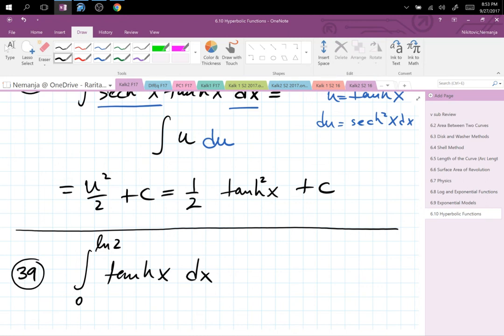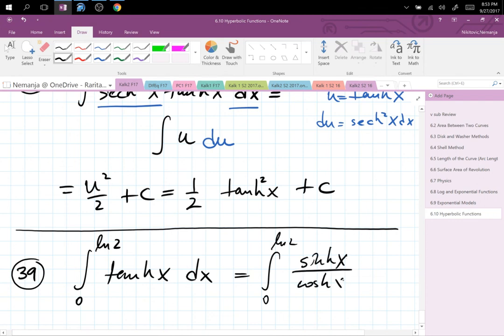How are we going to integrate tangent hyperbolic? Is it on the list of basic integrals? No. So you have to rewrite it as, this is tangent, sine over cosine, yes. So you will rewrite this as 0 to ln 2 sine hyperbolic x over cosine hyperbolic x dx.